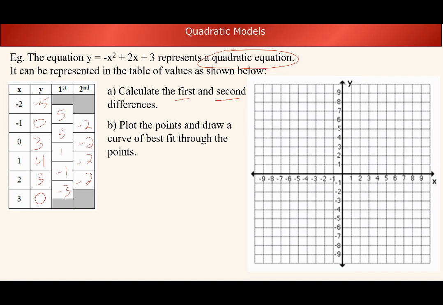So when x is negative 2, y is negative 5. So that's going to be right here. When x is negative 1, y is 0. When x is 0, y is 3. When x is 1, y is 4. When x is 2, y is back down to 3. And when x is 3, we're back down to 0.